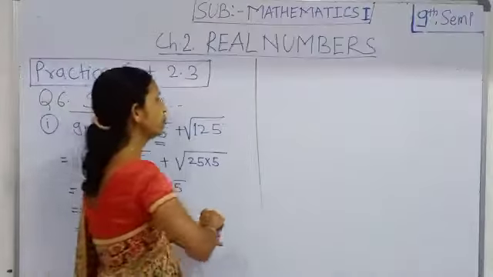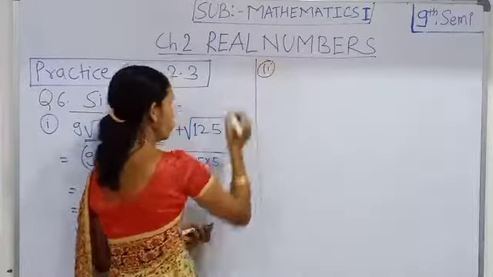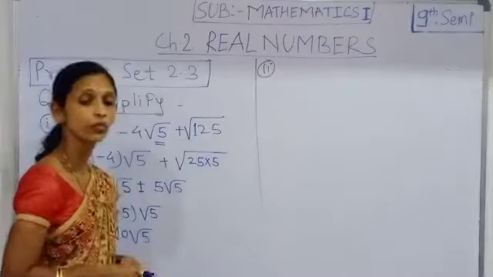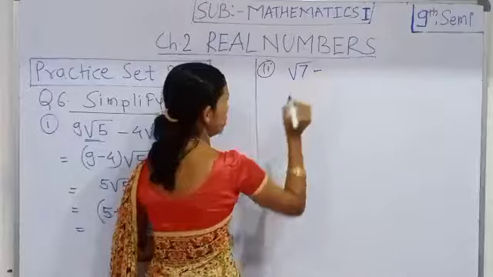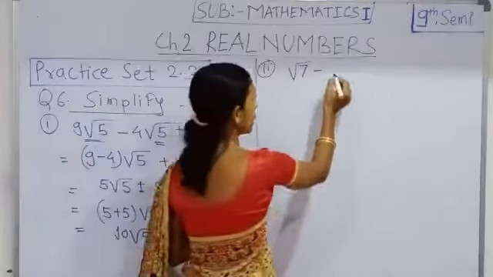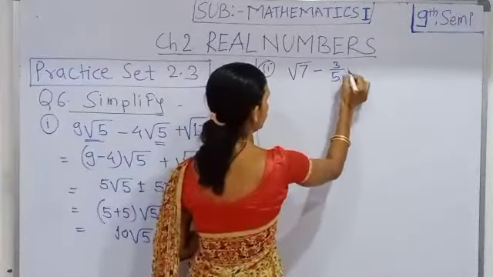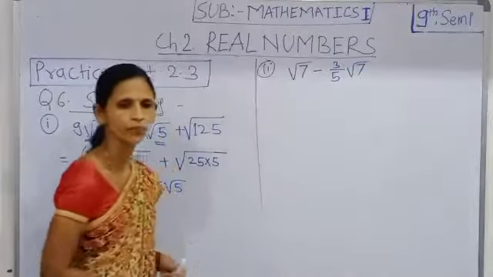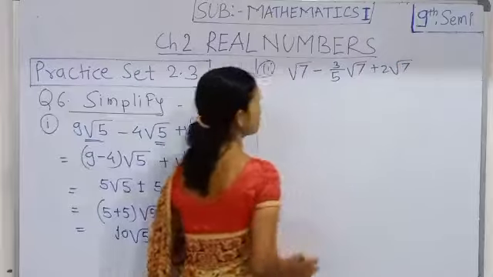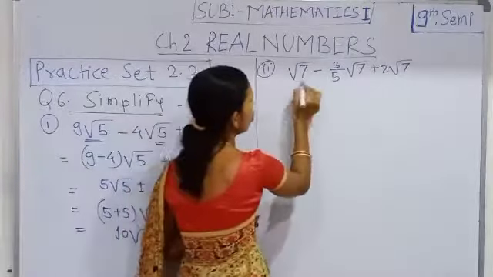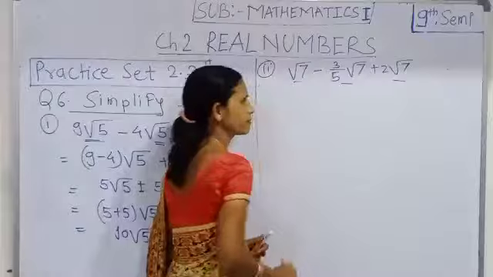Then one more example I am going to discuss with you: root 7 minus 3 upon 5 root 7 plus 2 root 7. See here, those are all like surds.